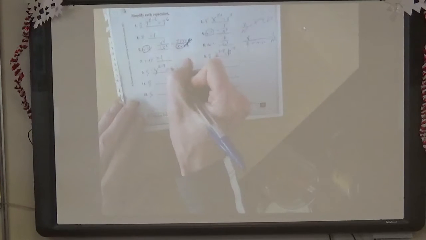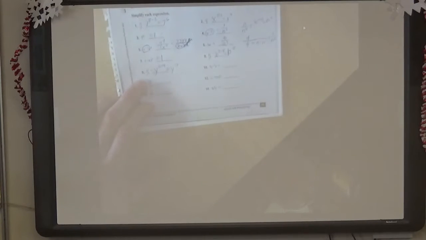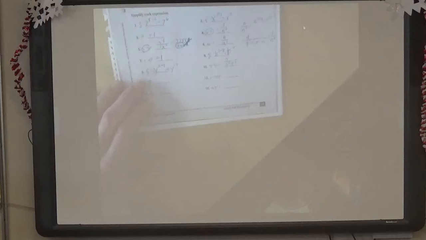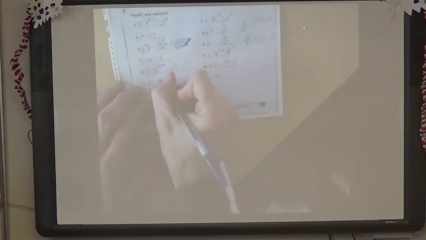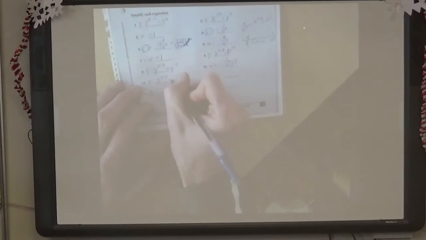So look at number 9, that equals y to the negative 7th power. I'm giving you these, so you may want to pay attention. S to the negative 5th, if we put that in the denominator, that's 7 over s to the 5th. And then t to the 3rd in the denominator makes it positive. We could make this 3 to the 18 minus 3, which is 3 to the 15.